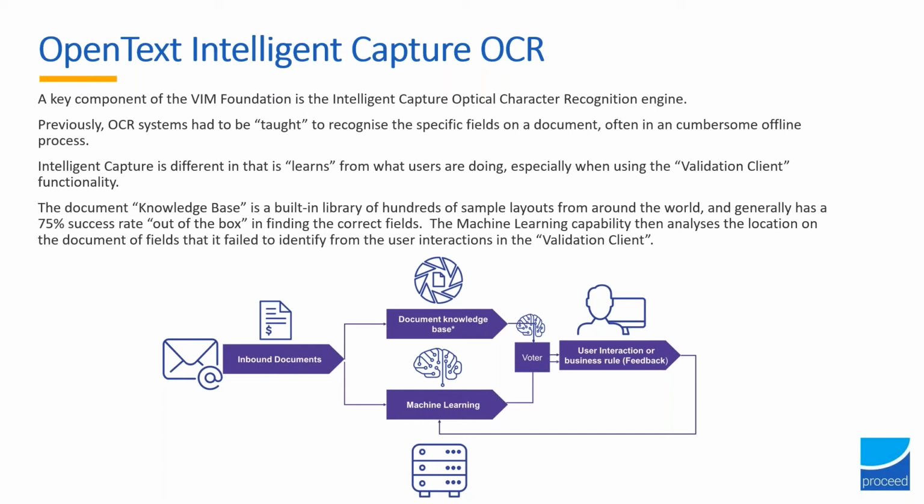Now, when that user is correcting the data, the machine learning of Intelligent Capture remembers that, okay, I was missing the invoice date, and this is where the user clicked on the image to actually populate the invoice date.